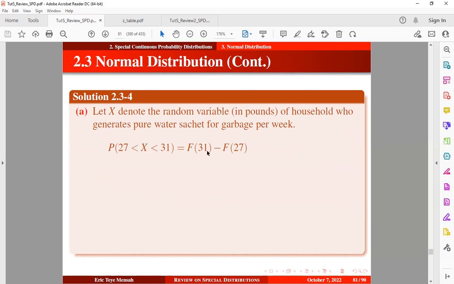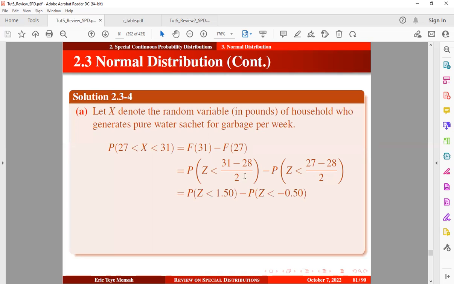This can be expressed in this form using the cumulative approach. Basically, we are going to transform this using the standard normal distribution. Using the z-score, we subtract the particular value from the mean and divide by the standard deviation. We do the same for the lower limit of the value. Once you work this out, you obtain this result.